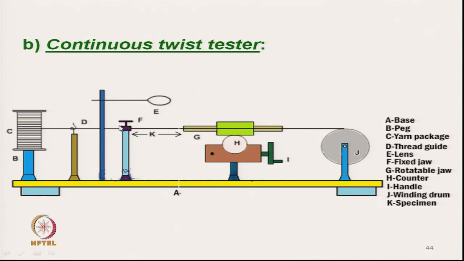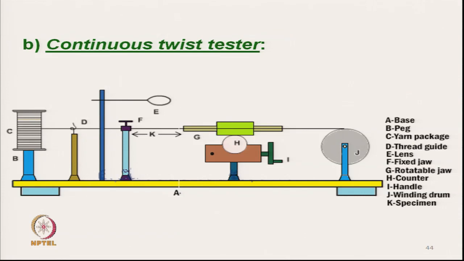Here the thing is that in the earlier case we have seen the fixed jaw can move laterally, but here the fixed jaw is fixed, it does not move laterally. The rotatable jaw, this one, can move laterally and also it rotates.